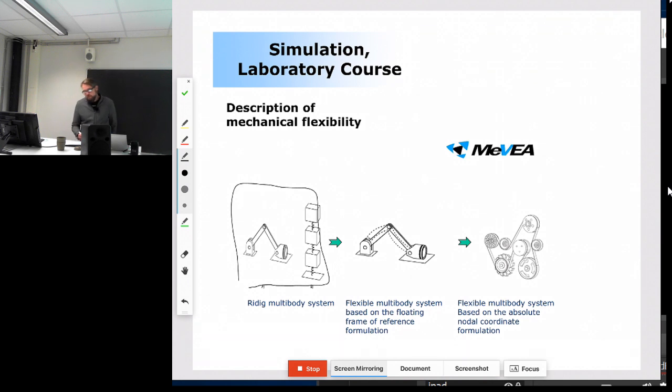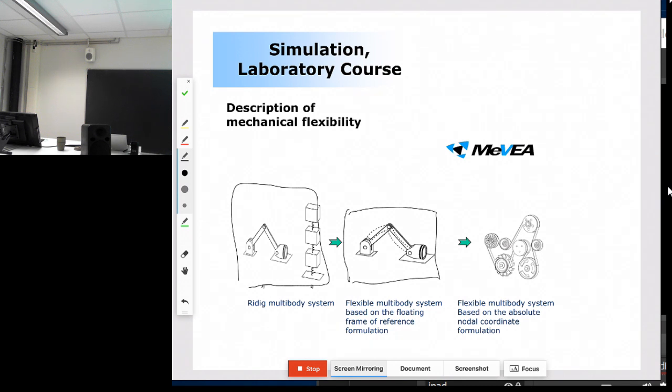And soon, sometime in the 90s, they realized that this assumption is not very accurate. If you want to make accurate models, you must be able to describe mechanical flexibility. The most common way to describe mechanical flexibility is a method called the floating frame reference formulation. And that's the one that I will explain to you in this course.